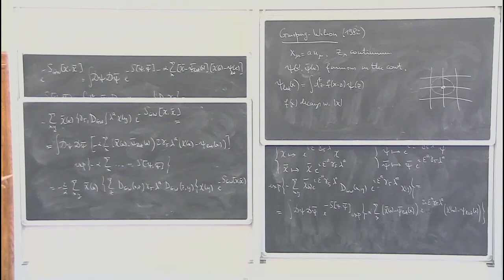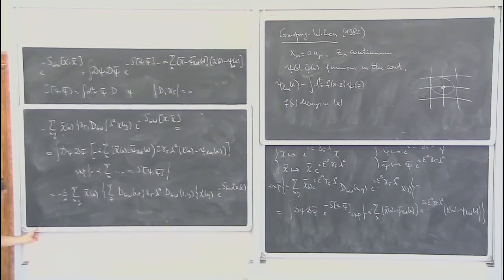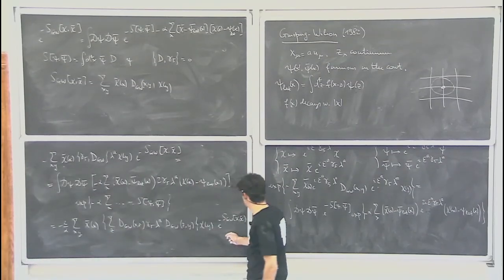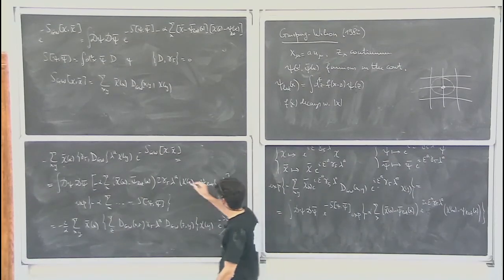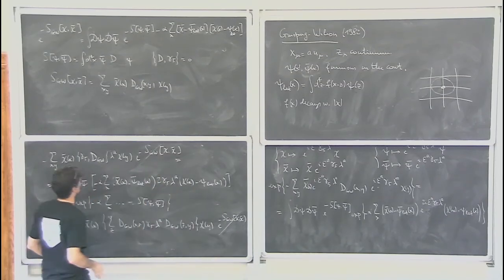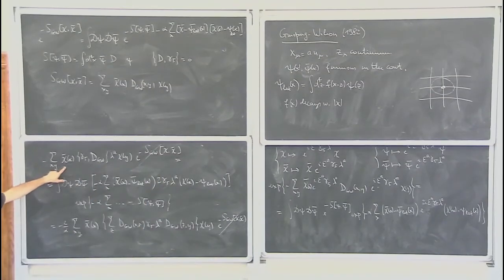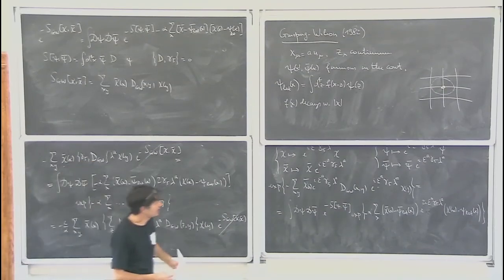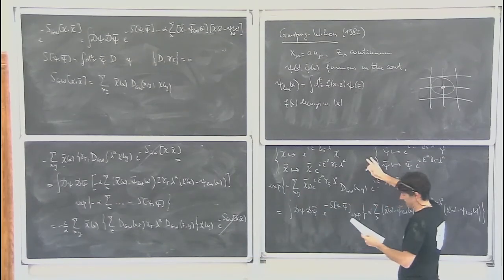So that's the result of this integral. Now if you compare the left-hand side to the right-hand side, you see that this factor of e to the minus S_GW simplifies. And we get a relation that tells us something about the anticommutator of gamma 5 with this Ginsparg-Wilson operator.